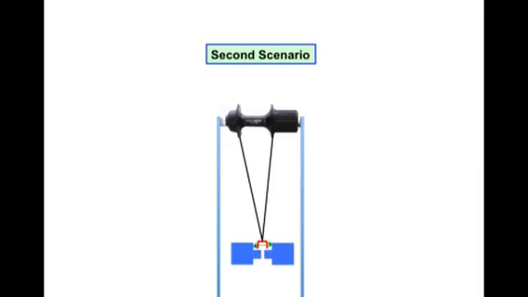The second scenario is when the wheel is neither laterally true nor round, and as we can see here, it's moving downward as it moves toward the left caliper and upward as it moves toward the right caliper. The third scenario is the opposite of the second one. The wheel is not true laterally or radially, and the rim is moving downward as it moves toward the right caliper and upward as it moves toward the left caliper.